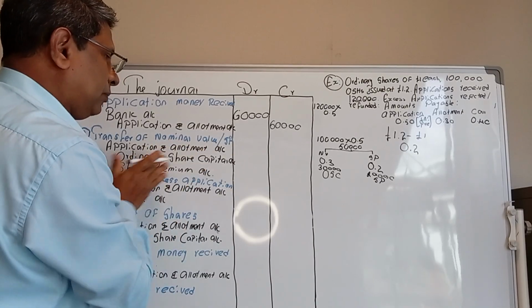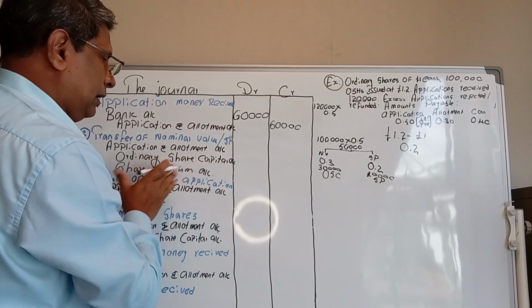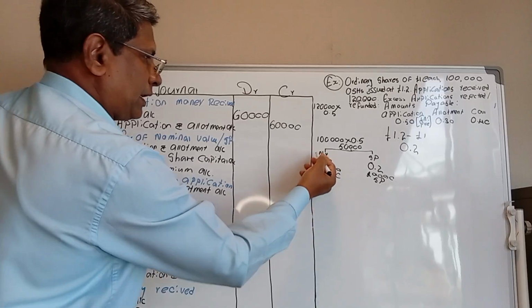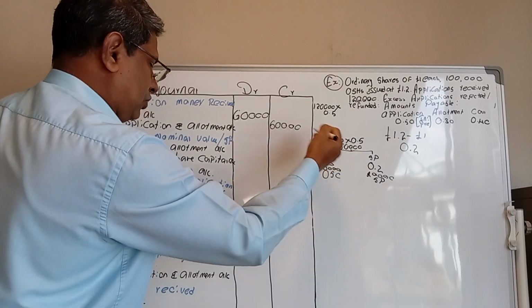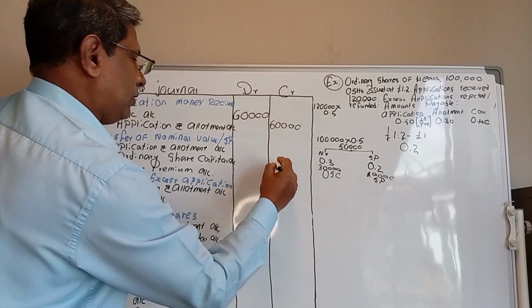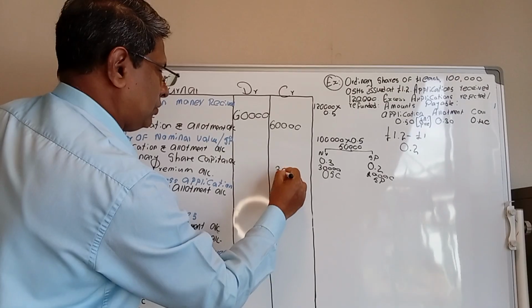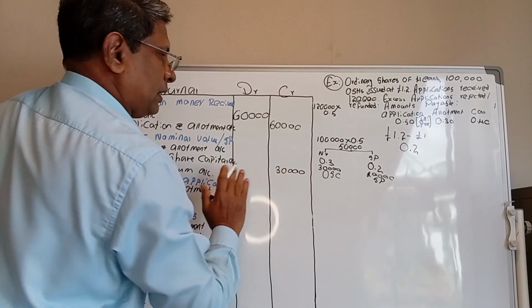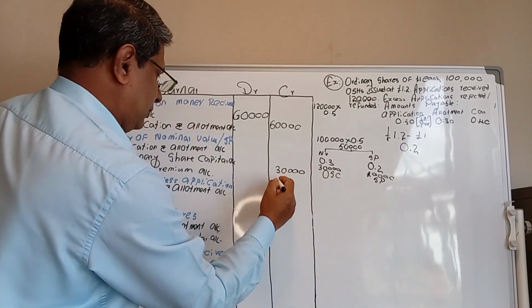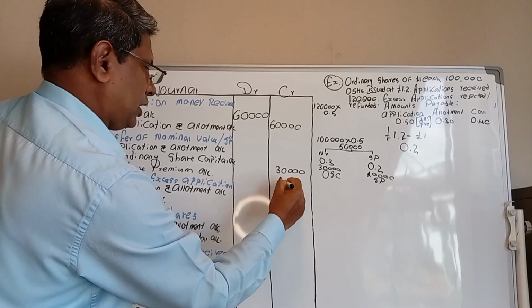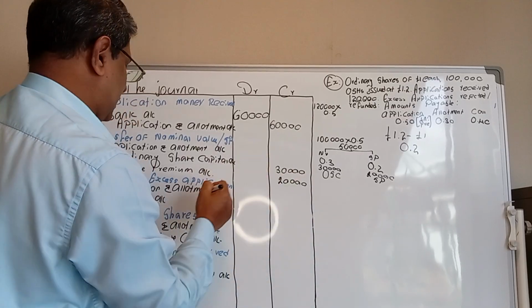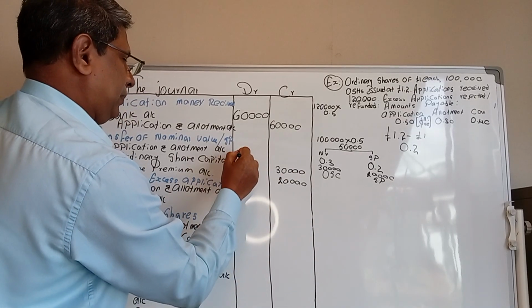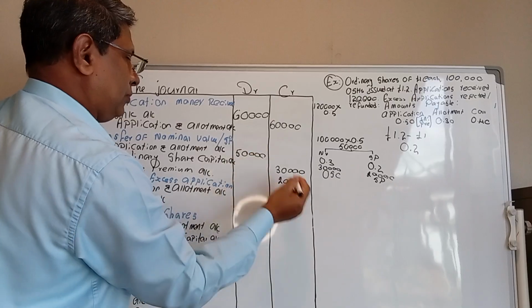I will credit my ordinary share capital by the nominal value, 30,000. I will credit my share premium by the share premium amount, 20,000. And I will debit my application and allotment account by this amount.